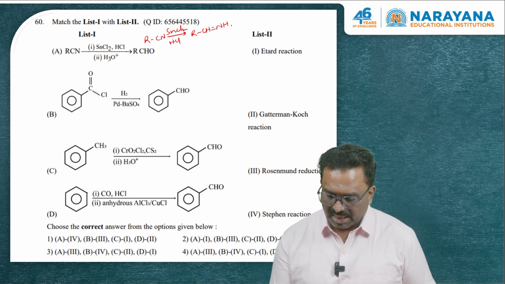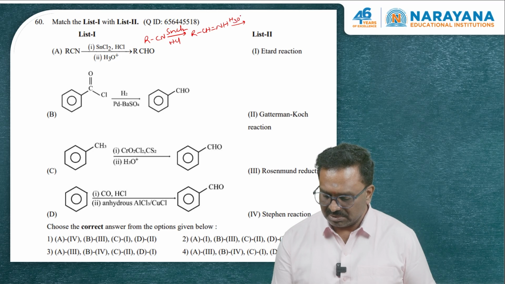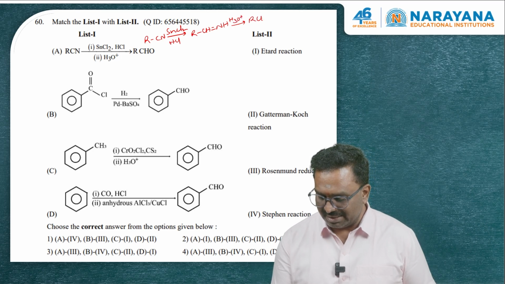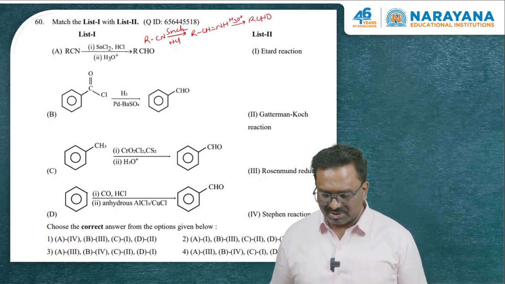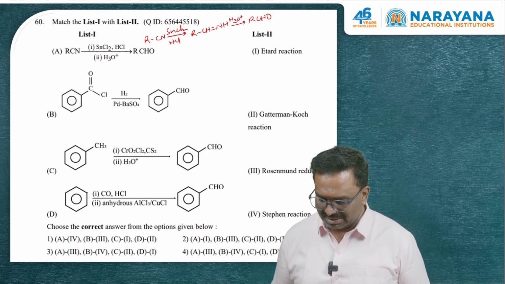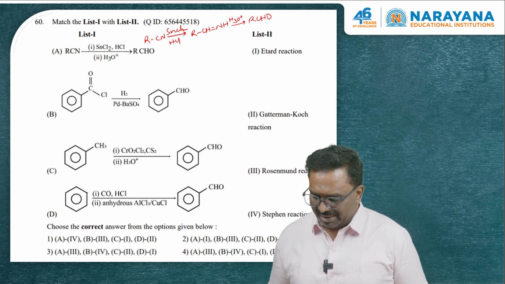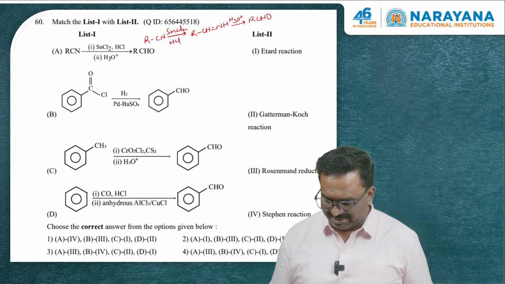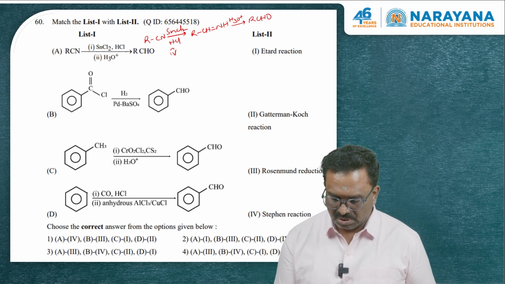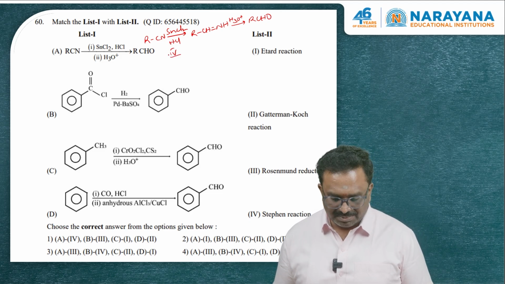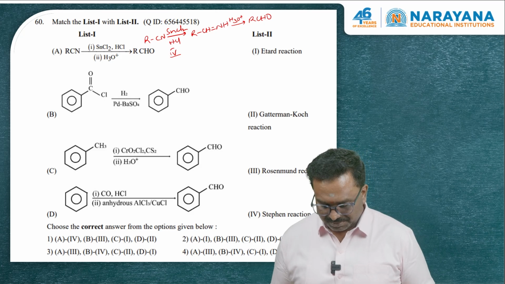Imines further undergo hydrolysis into aldehydes. This conversion of cyanides into aldehydes through an imine intermediate is Stephen's reduction. So A is related to Stephen's reduction.